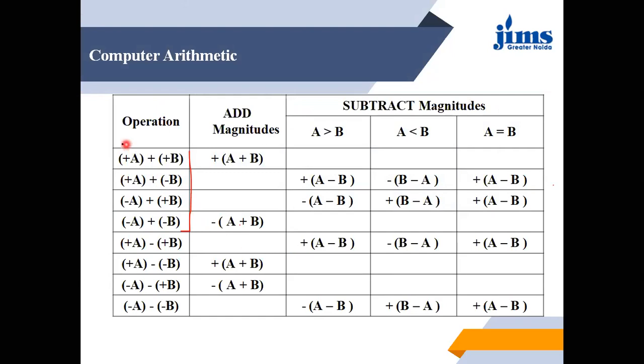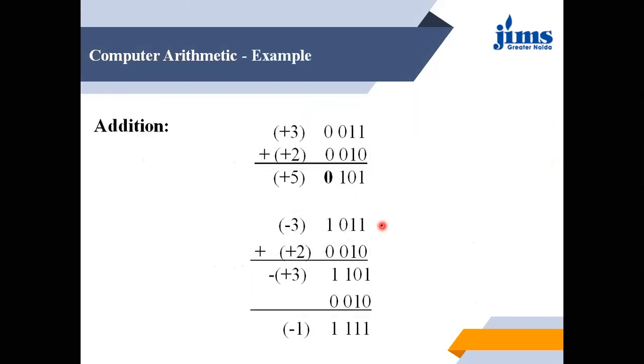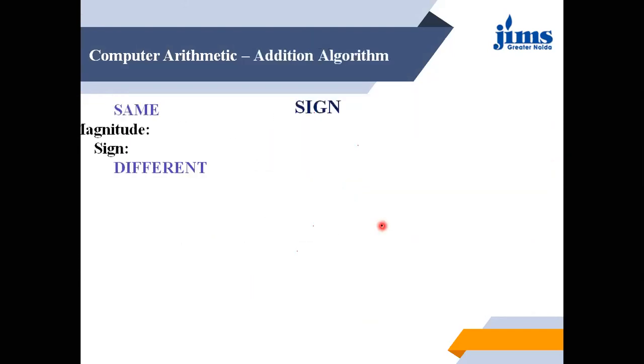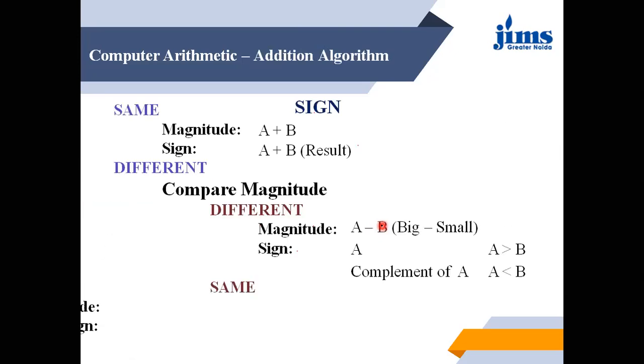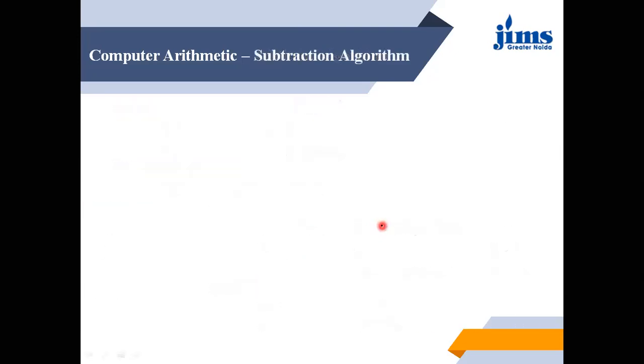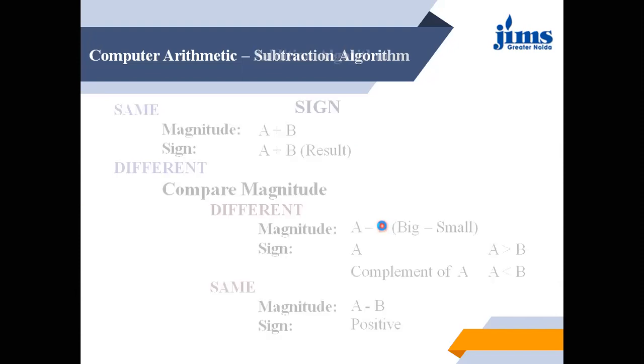From here we make an arrow: we discuss how we can design the circuit, how we can make the hardware to perform the addition. I think this is sufficient for today, and in the next class we will discuss the subtraction procedure.